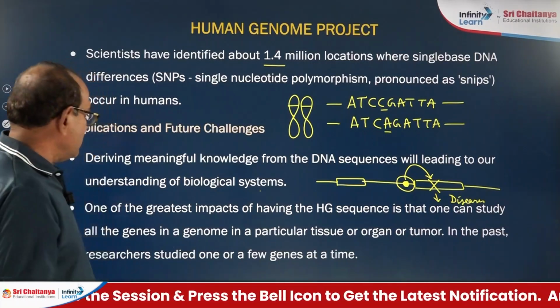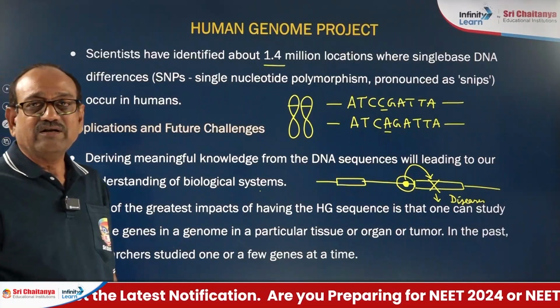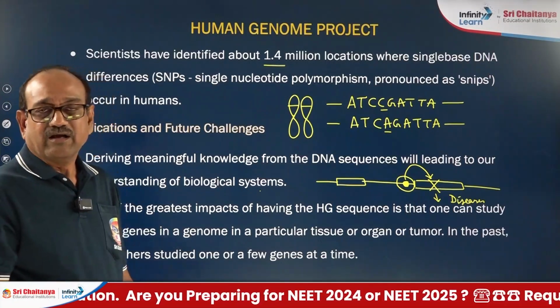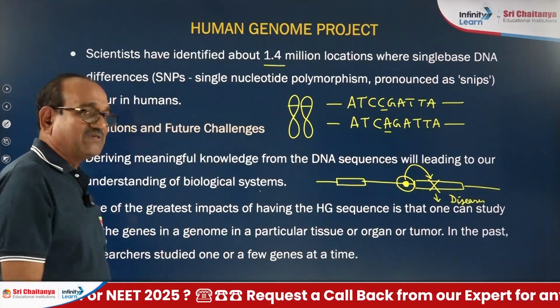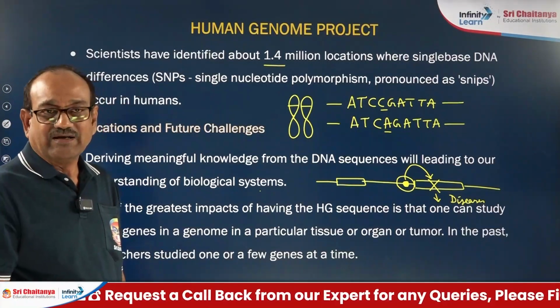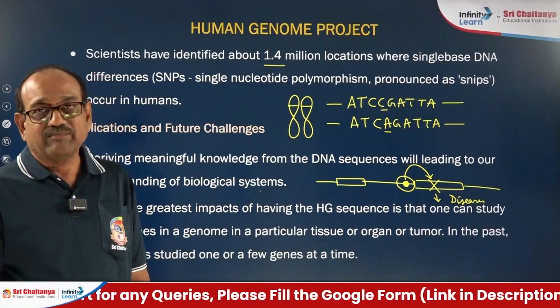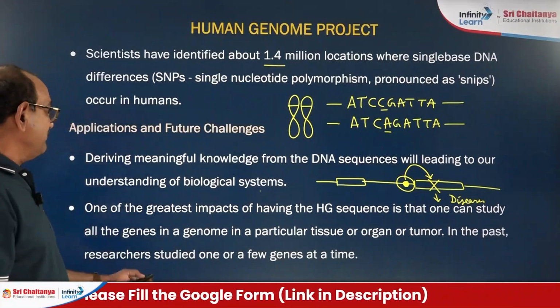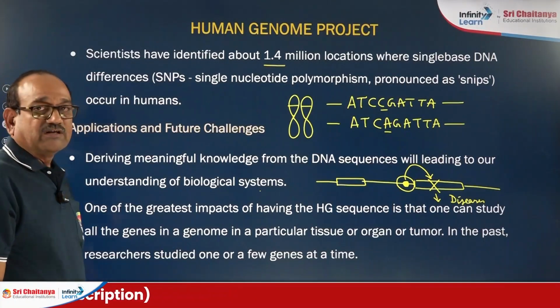But after completion of this project, we now have a chance to study all the genes in a complete organism or all transcripts of an organ. We can study them at a time, and also understand gene interaction in a better manner. So these are the advantages of application of the Human Genome Project in biology.